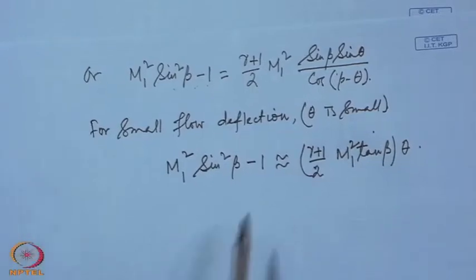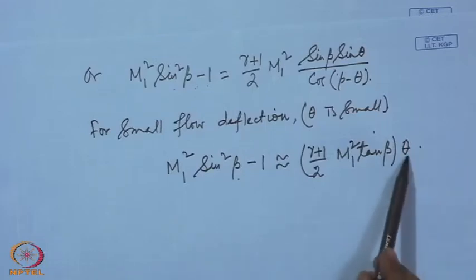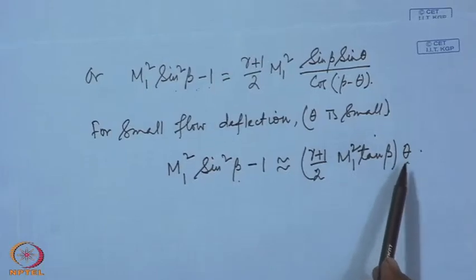That is, for small deflection angle, the oblique shock strength is proportional to the flow deflection angle. Of course, the flow deflection angle is expressed in radians.